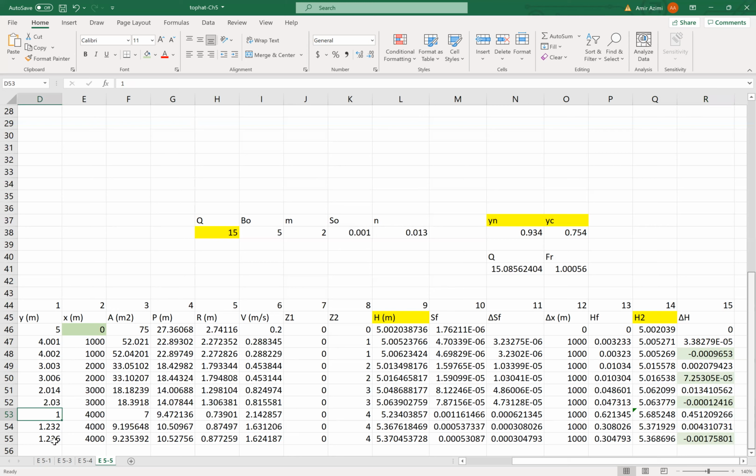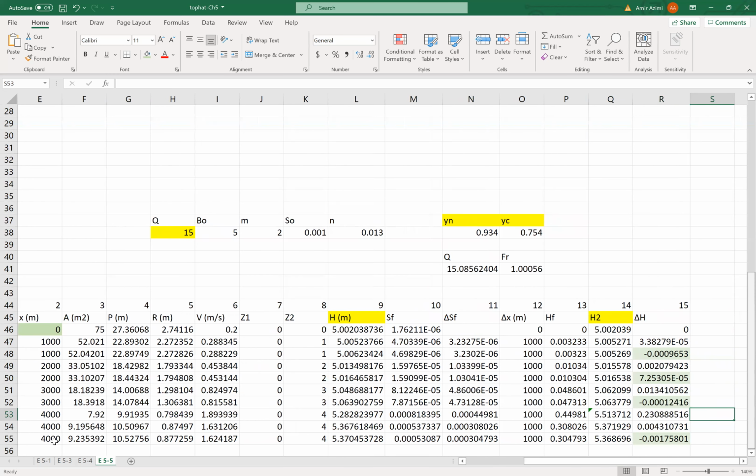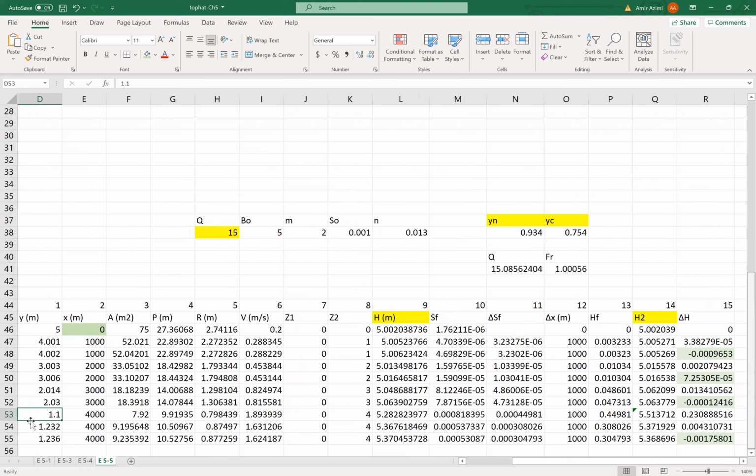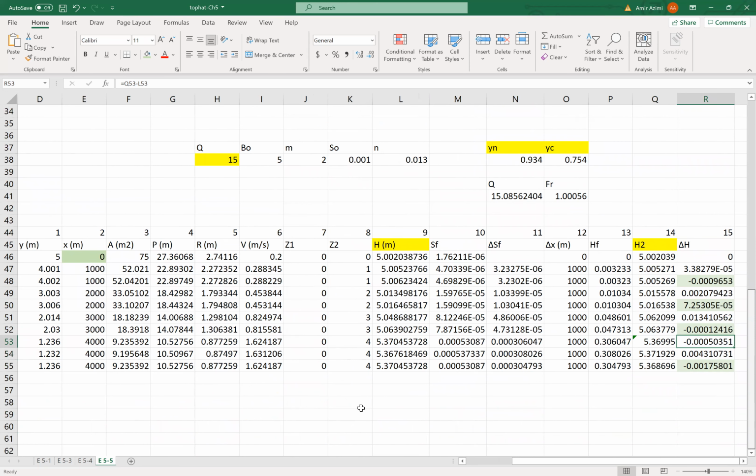So I need to change this. Maybe I change it to 1.1. You'll see that the difference decreases. I need to adjust this value until I get close to 0, so 1.2, okay, getting close to 0, maybe 1.24. Yes, it's getting negative, but it's very close. So maybe 1.236. And then you'll see that the value is very, very small, so it's close to 0. This is how we do the calculation by the standard step method.